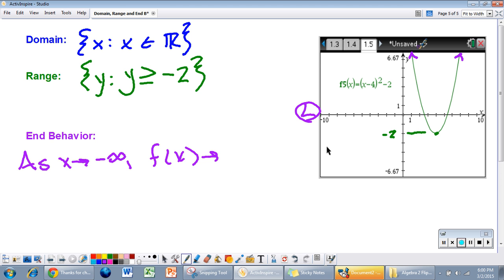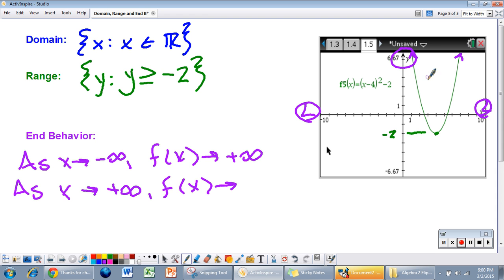The arrowhead said it's pointing to positive infinity. Over on the left-hand side of my graph, as x is approaching, well, it's getting bigger, bigger, bigger on the x. It's eventually going to reach positive infinity. Where's the end pointing? It too is pointing up to positive infinity.